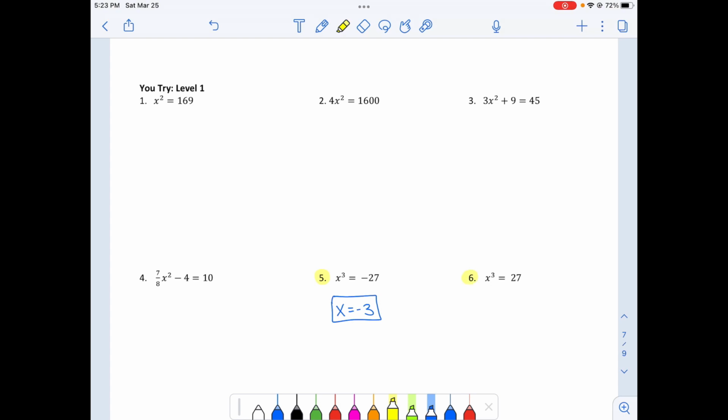Versus in the next problem, x cubed equals 27, the only value that makes that true is a positive 3. And so if our index is odd, when we take a cube root or a fifth root, etc. of both sides, we do not use the plus minus because there's only one value that makes that true. Versus when we square a negative or square a positive, we end up getting the same solution.